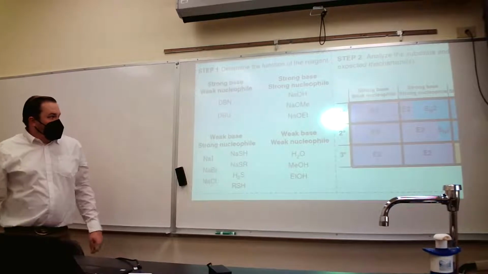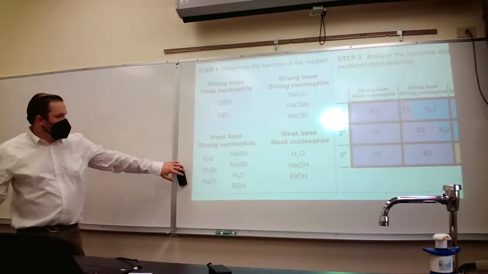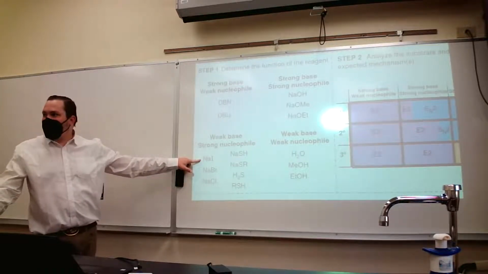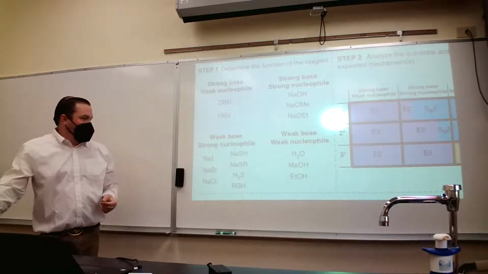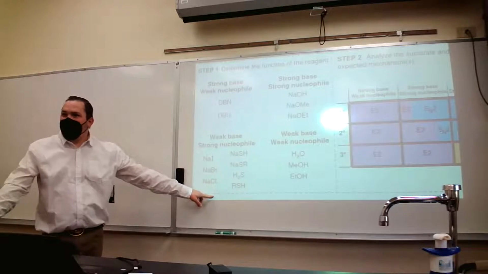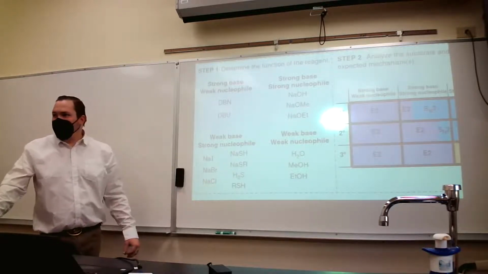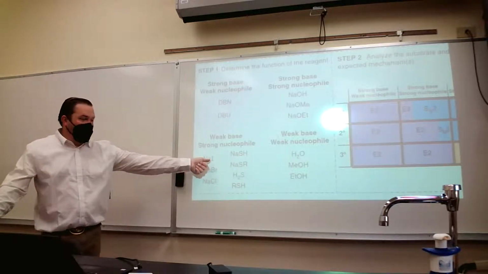If the reverse is true, if it's a weak base but a strong nucleophile, now we're talking about things like the halides. They're really weak bases, because these are all the conjugate bases of strong acids, right? Hydroiodic acid, hydrobromic acid, hydrochloric acid. Those are all strong acids, which means that these are not very good bases.